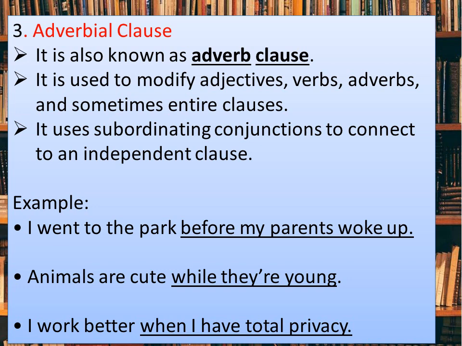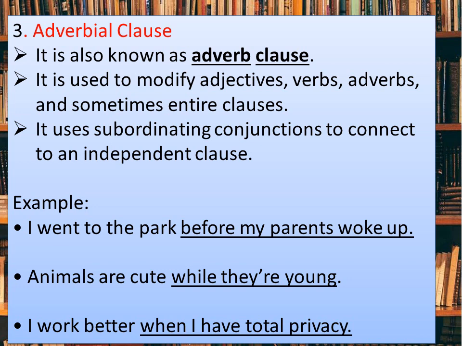Aside from that, it also uses subordinating conjunctions to connect to an independent clause. Last time I mentioned already some of those subordinating conjunctions that we can use to connect a dependent clause to an independent clause. Okay? So we have here some examples.